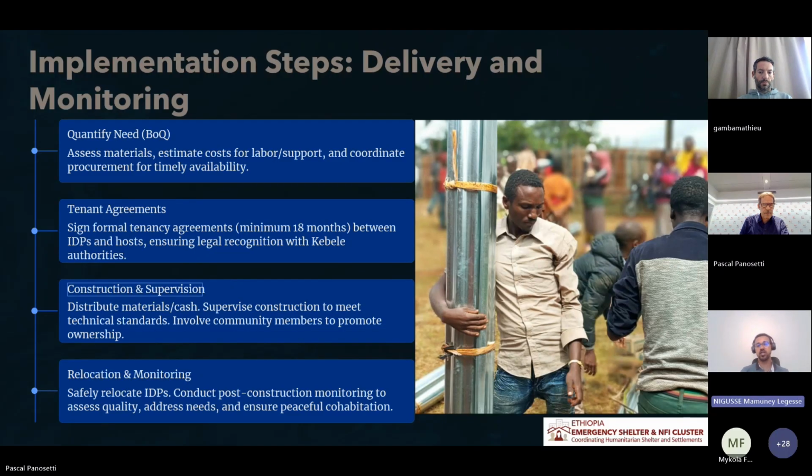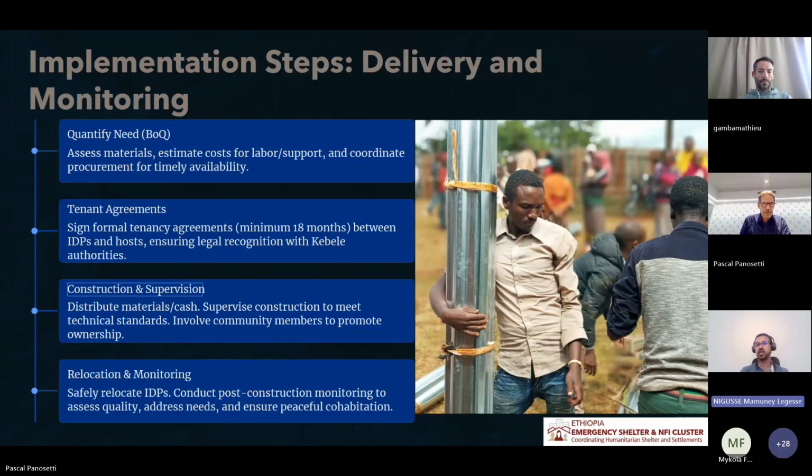And one of the key considerations in the planning as well as selection steps is that there should be robust coordination between the cluster, the partners, the stakeholders, and the community. A thorough assessment should be conducted to identify the needs within the households who are hosting the IDPs, as well as hosting identification.